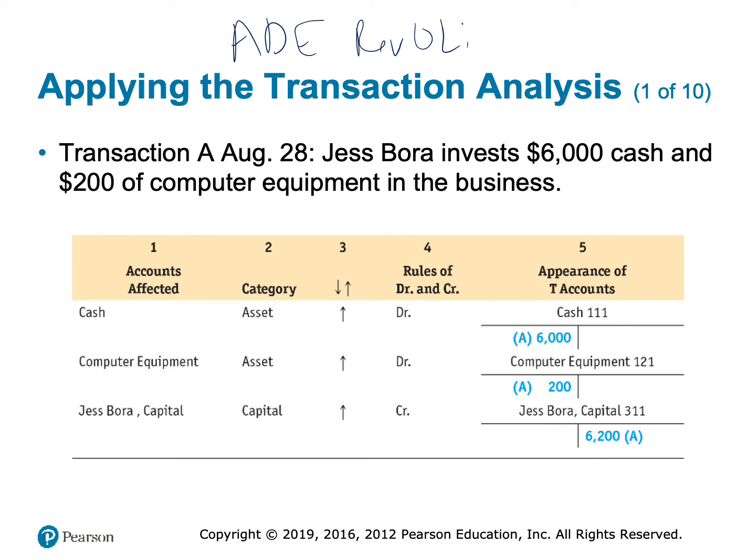So when I look here, I can see on the left side of the cash account, I put a debit of $6,000. On the left side of the computer equipment, I put a debit of $200. And on the right side of the capital account, I put a credit of $6,200 because that's how much investment we received.